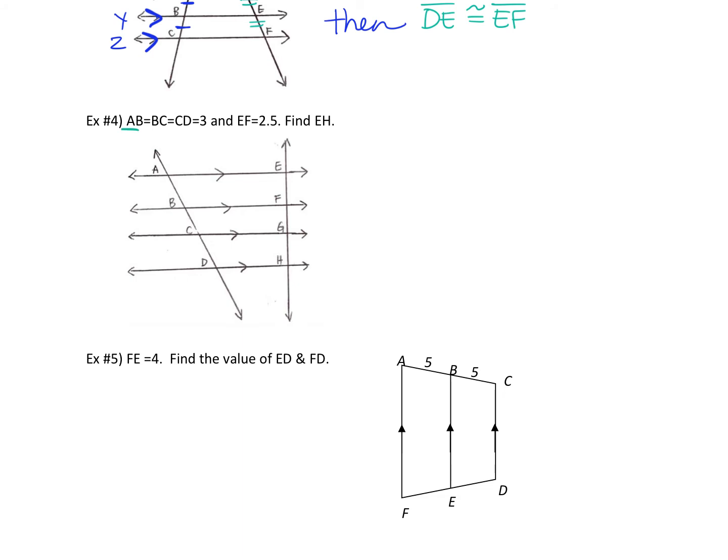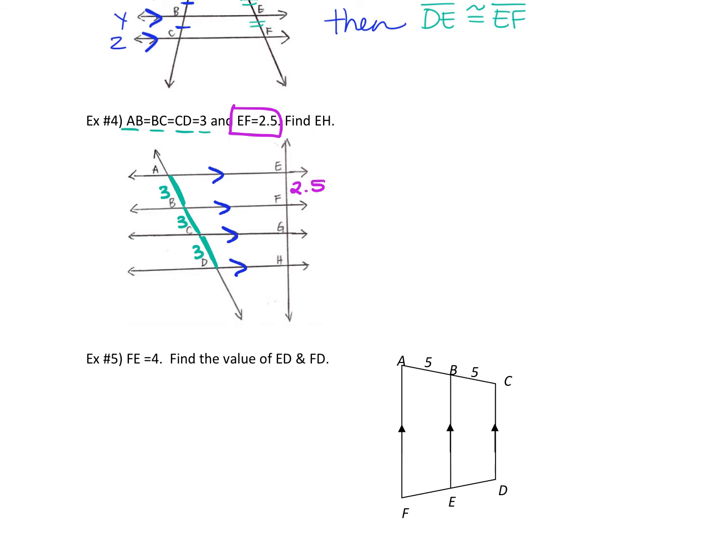It says AB equals BC equals CD, which equals 3. So AB is 3, BC is 3, and CD is 3. That's this length. Also notice that they told us all of these lines are parallel. So if the lines are parallel and those segments are congruent, then all our other segments are congruent to each other. They're telling us in the directions that EF is 2.5.